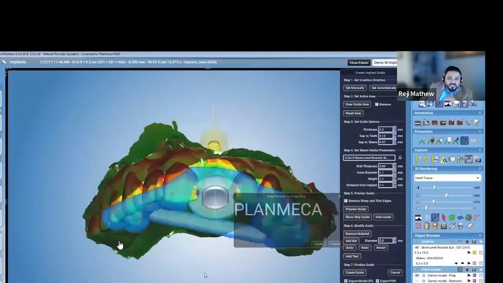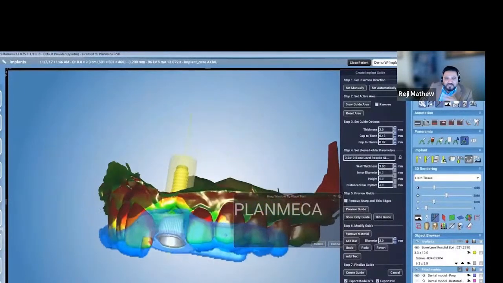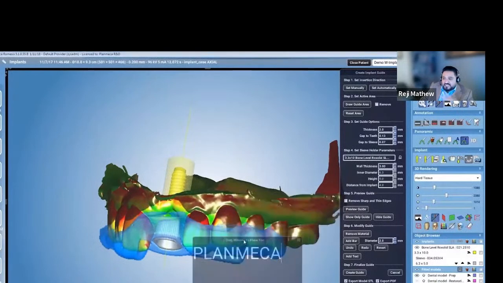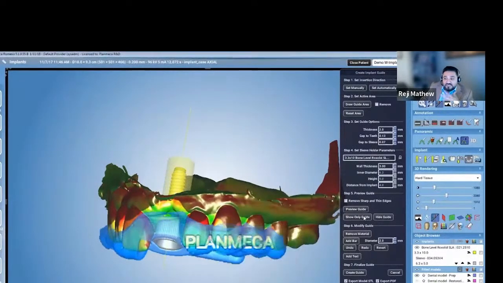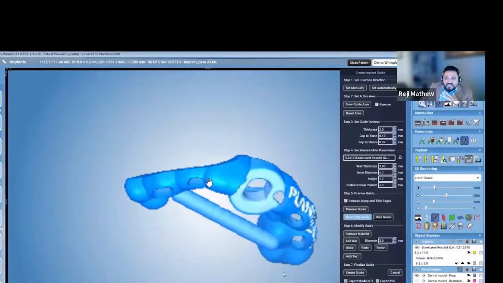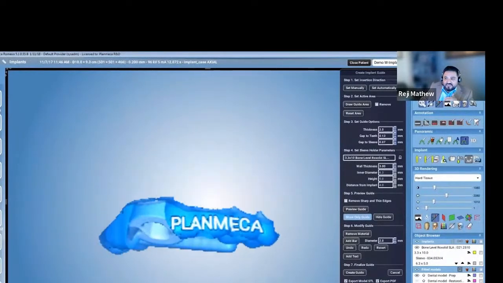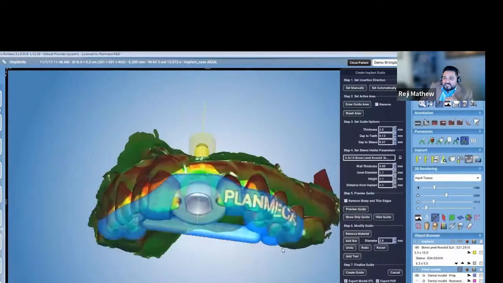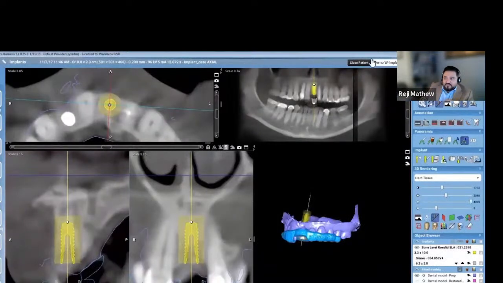And if this tooth is missing, I would add a bar for much more support. And then you can name it. You can place the patient's name, and then you can view it exactly where you wanted to see, and then create and send this STL file to a printer for fabrication, and you will be able to do it.